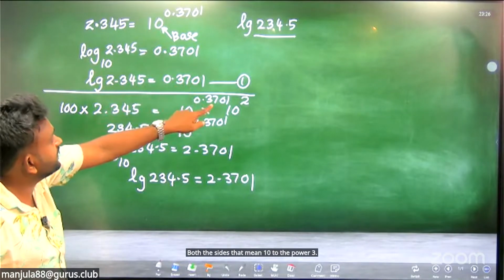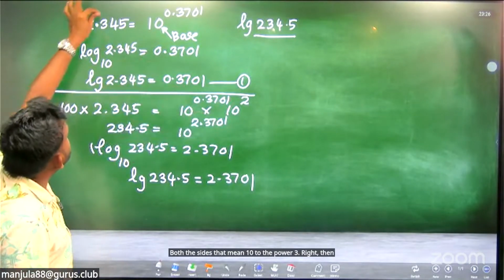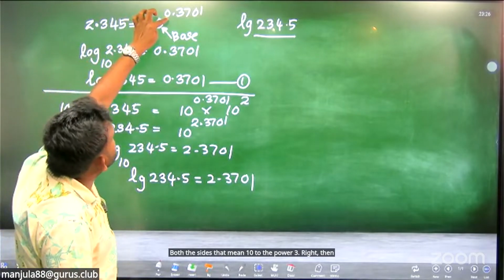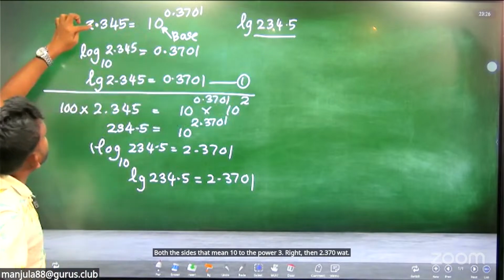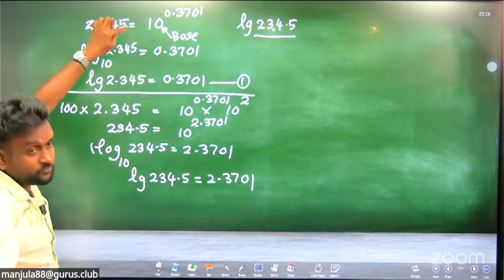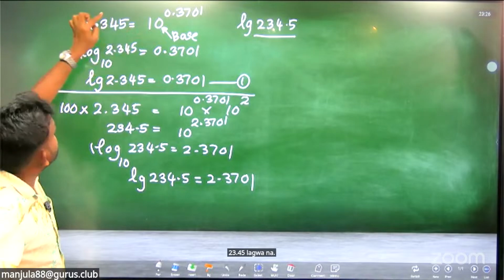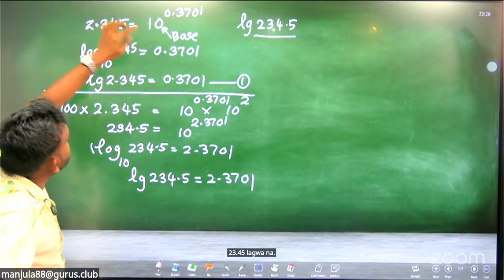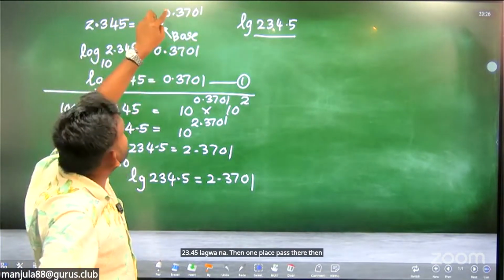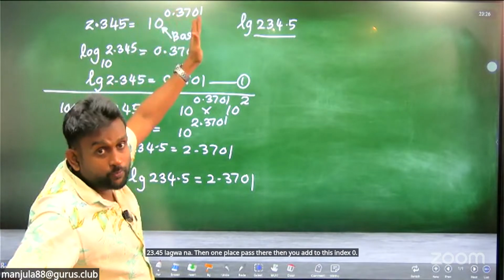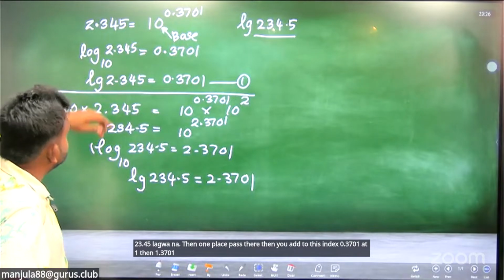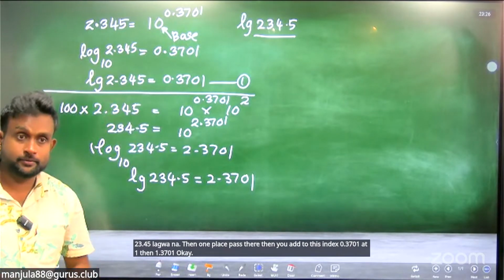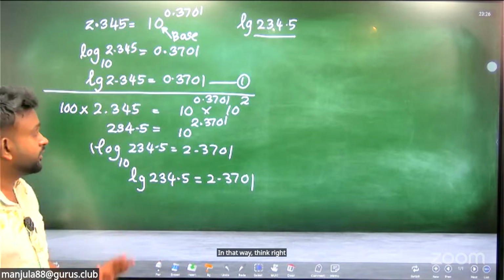If by chance they asked for log of 23.45, then one place passes there, then you add 1 to this index 0.3701, so 1.3701. In that way, think shortly, but this is what happened there.